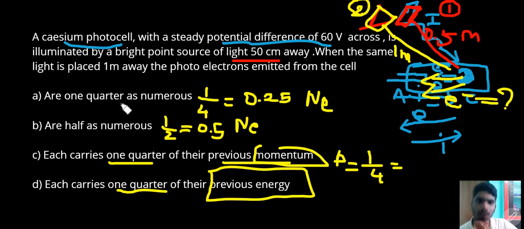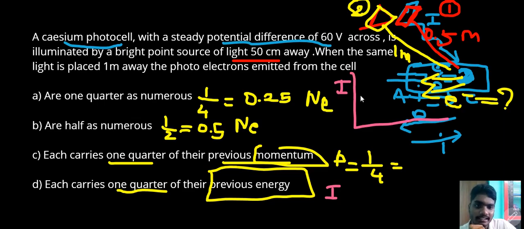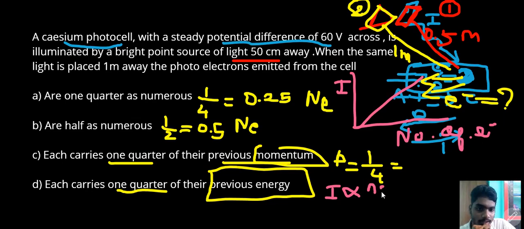We know that in the first situation, we consider the number of electrons emitted. Whenever we draw a graph between the intensity of light I and the number of electrons emitted, it is going to be a straight line. It means the intensity of the light is directly proportional to the number of electrons emitted by the cathode, which is made up of caesium.